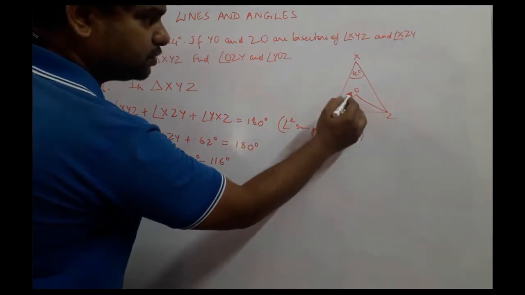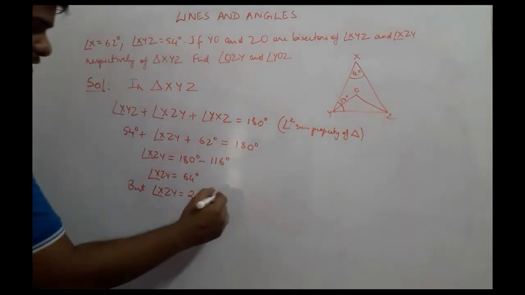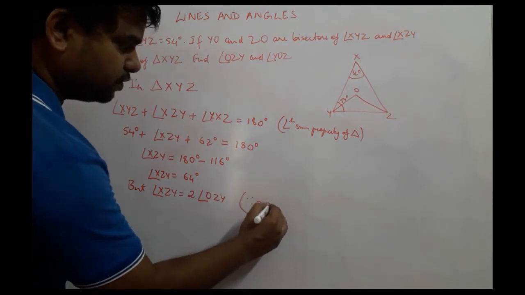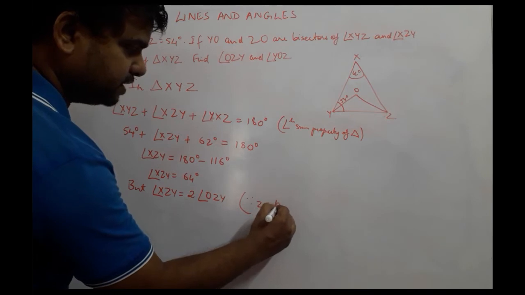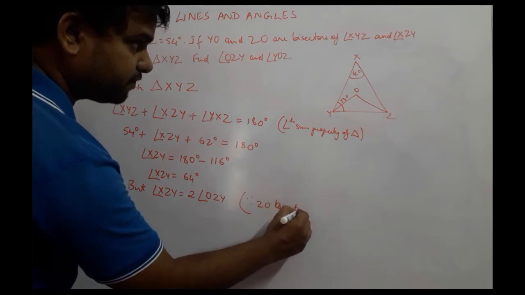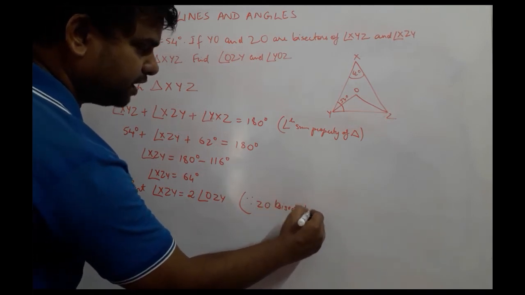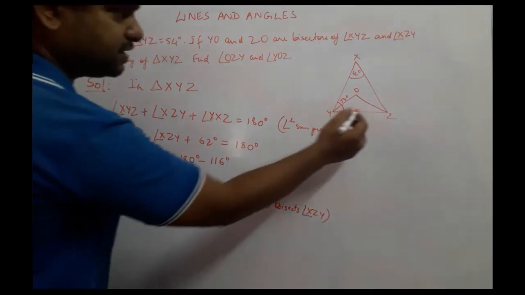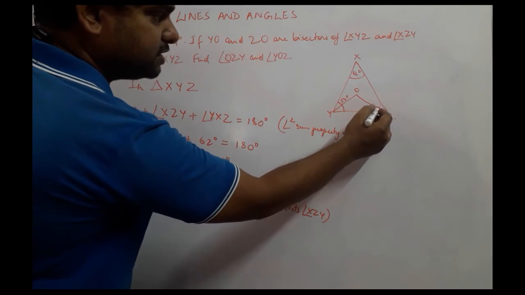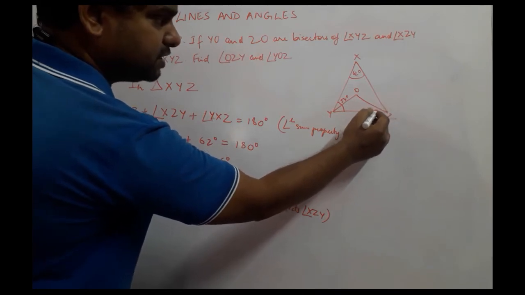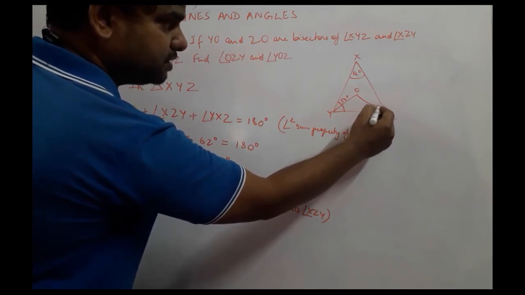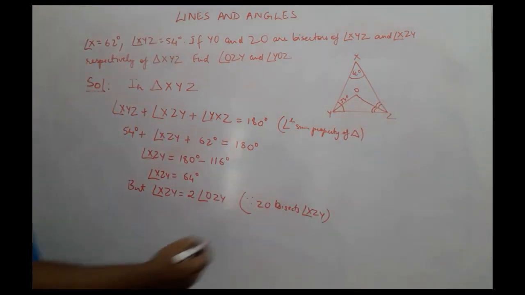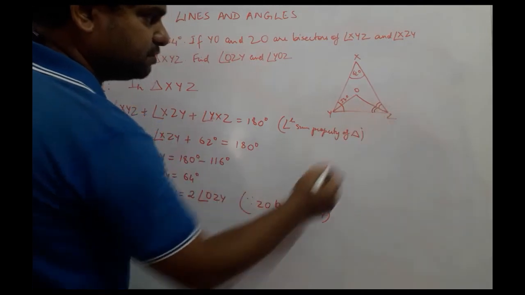Why? Because ZO bisects angle XZY. If it is a bisector, that means it divides the angle into 2 equal parts. That means this is equal to this, and we can take that this full angle is 2 times that angle.